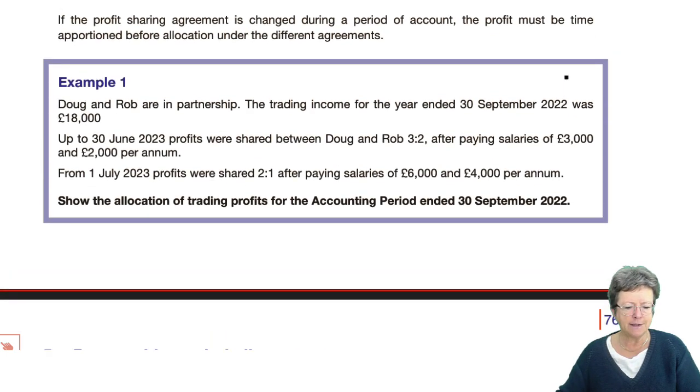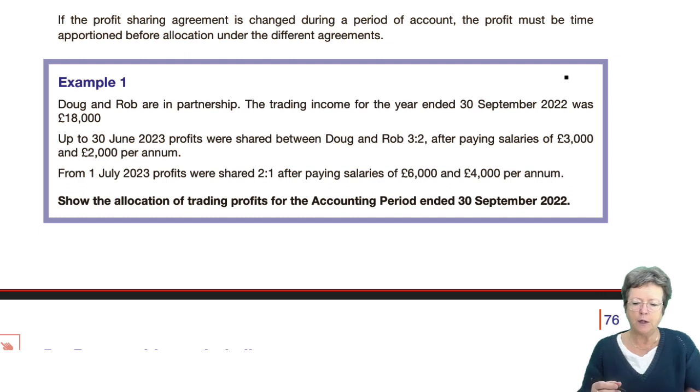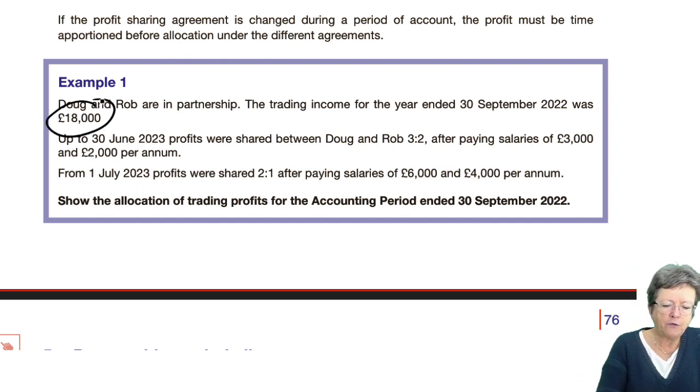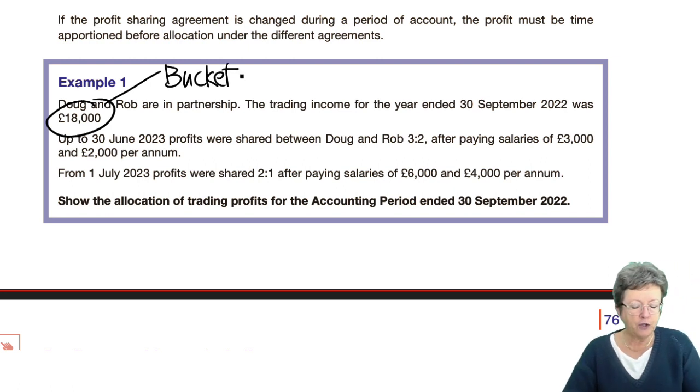So let's look at example number 1, Doug and Rob. They've been in partnership, and for the year ended 30th of September 2022, there was £18,000. That's our bucket. Now, up to the 30th of June 23, it was shared 3-2 after paying salaries of £3,000 and £2,000.